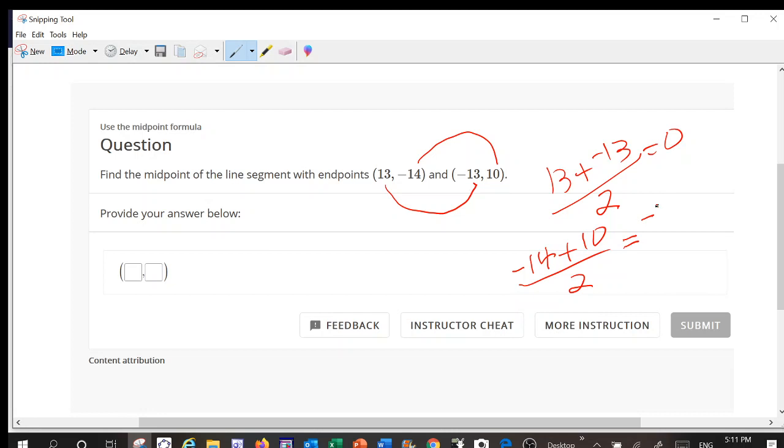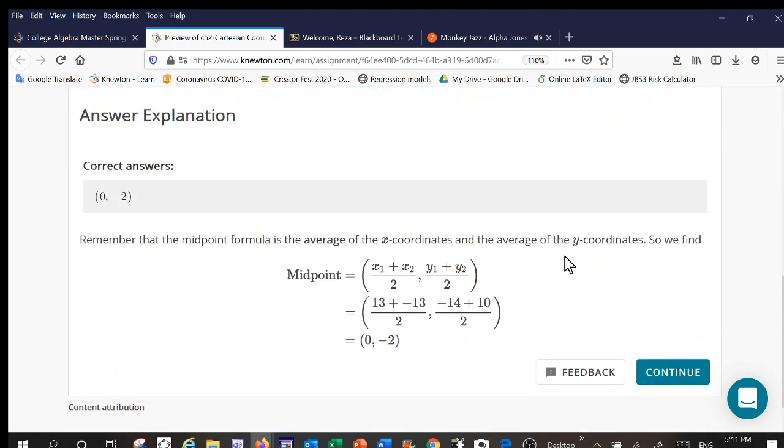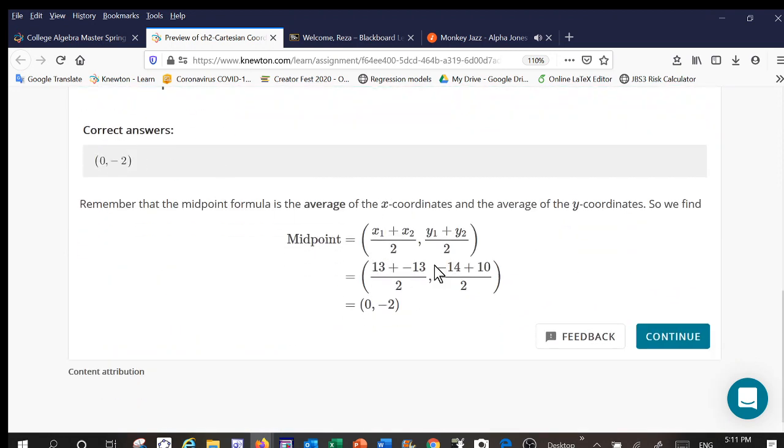That would be negative 4 divided by 2, which is negative 2. So the midpoint, remember you have to enter an ordered pair. The x coordinate is 0 and the y coordinate has to be negative 2, right? So 0, negative 2, and that's the formula that we talked about.